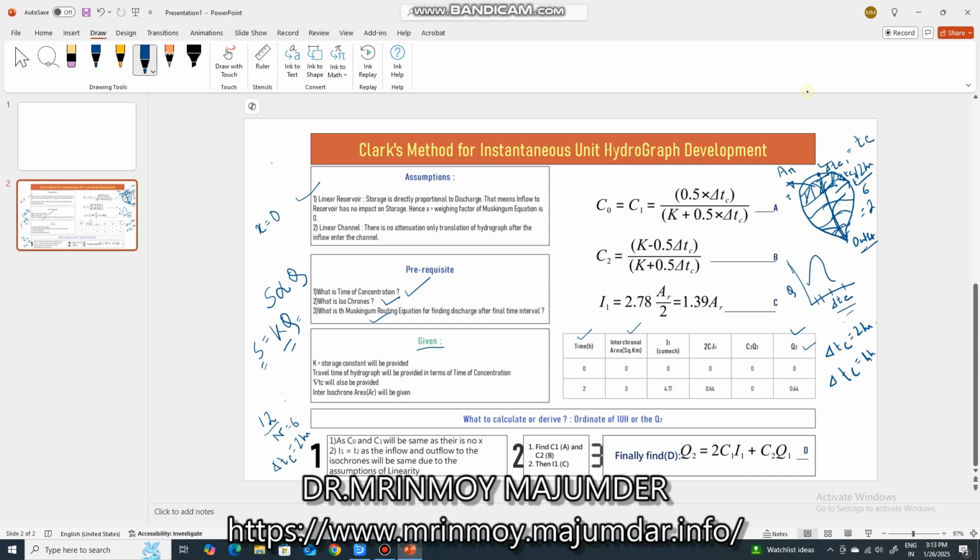Inter-isochronal area has to be given, otherwise you cannot solve this problem. So for this 0 to 2, the isochronal area is 3 square kilometer, and so on. After 2 to 4, there will be another isochronal area. For 4 to 6, another isochronal area, and so on.